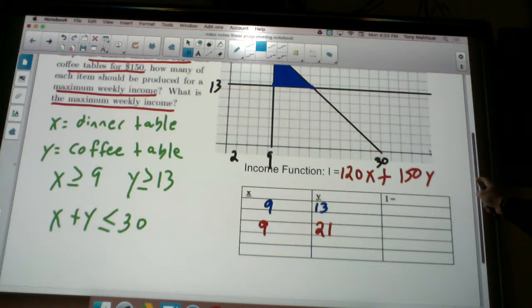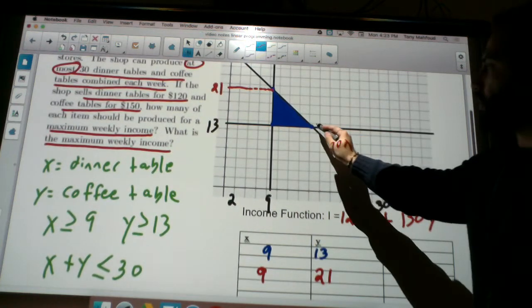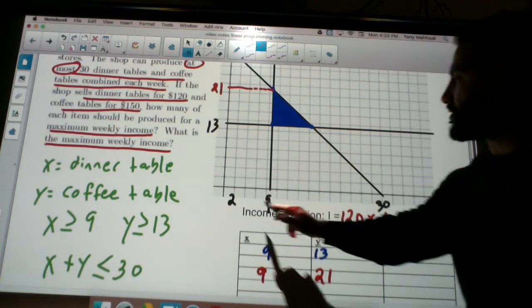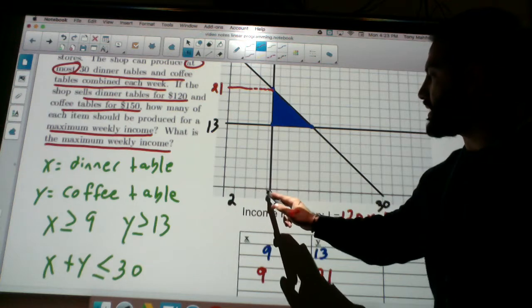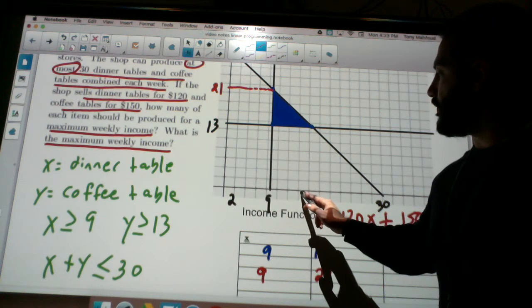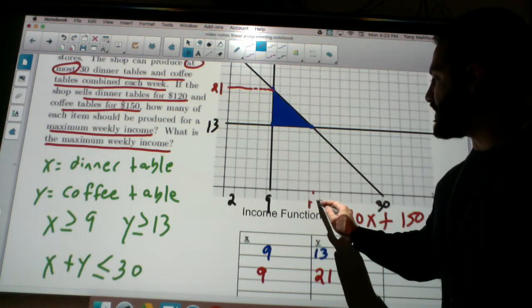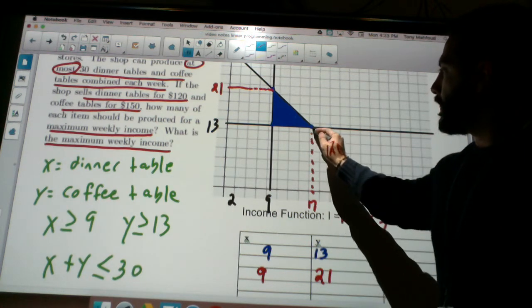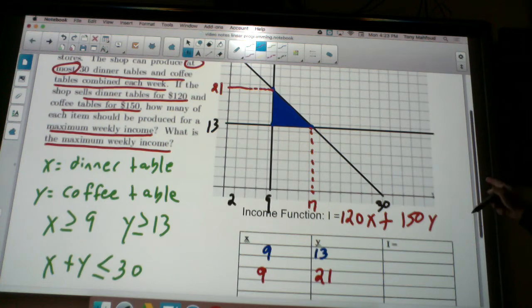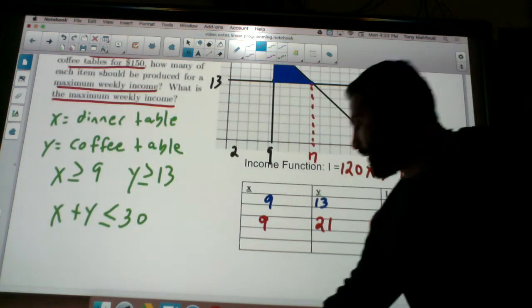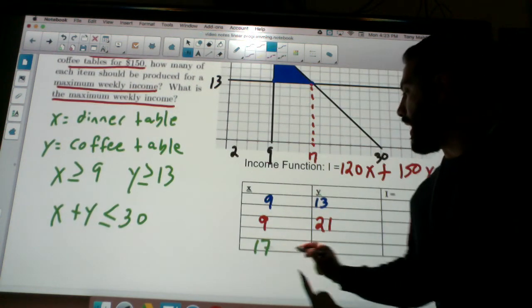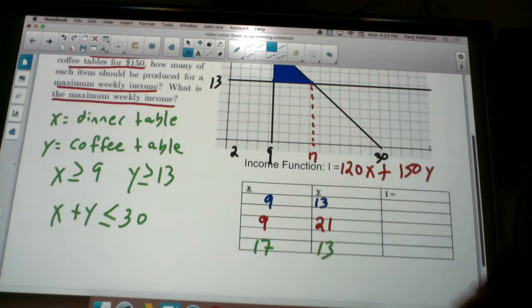That's my next coordinate point. And my last coordinate point is this one right over here. I'm going to trace this down. So I'm going to go 2, 4, 6, 8, 10, 12, 14, 16. Between 16 and 18, I'm looking at 17. And 17, 13.